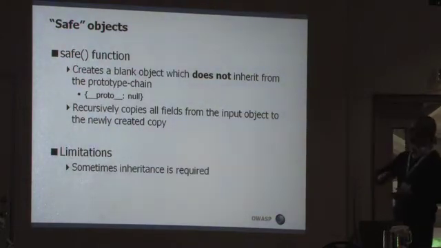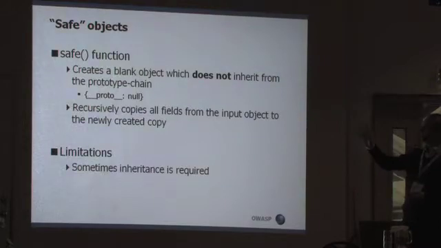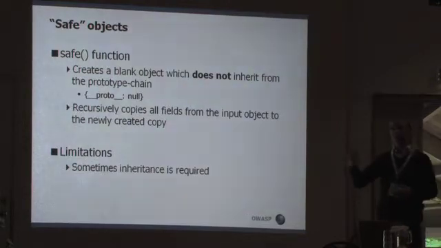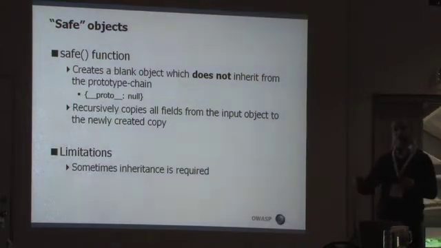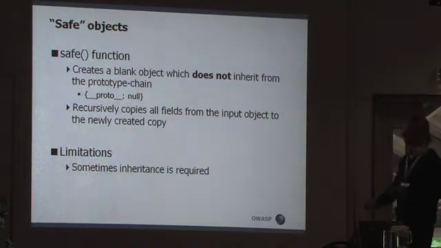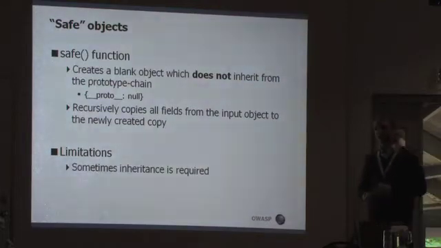So the safe function in this case would create a blank object that does not inherit, and recursively copy all fields of the input object to this safe object. But sometimes we need to inherit some functionality, and that might be hard.